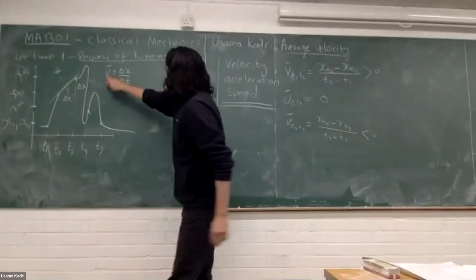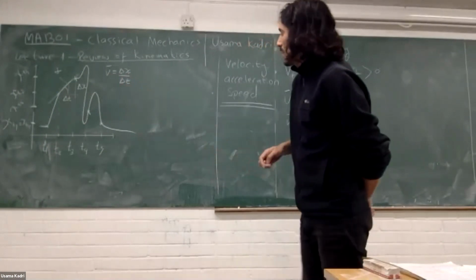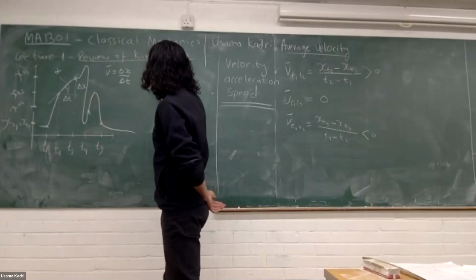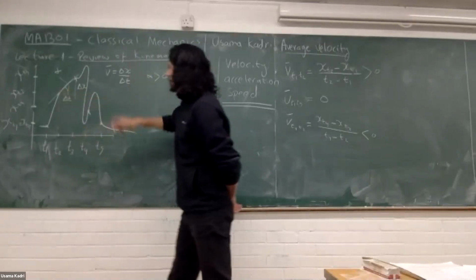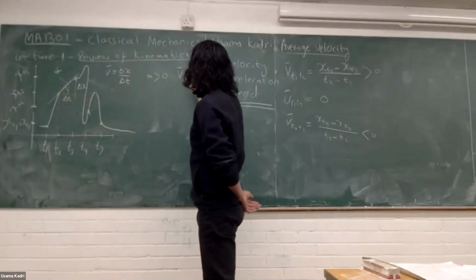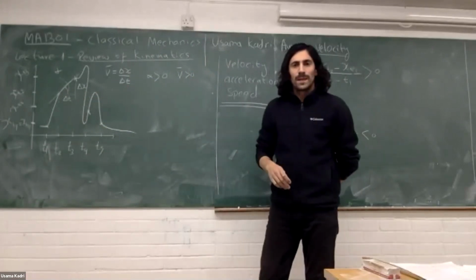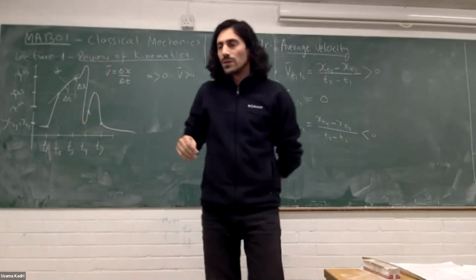All right, so the velocity here is delta x over delta t. And we know that if alpha is larger than 0, then the velocity is larger than 0. If alpha is 0, then you're exactly at the same point.